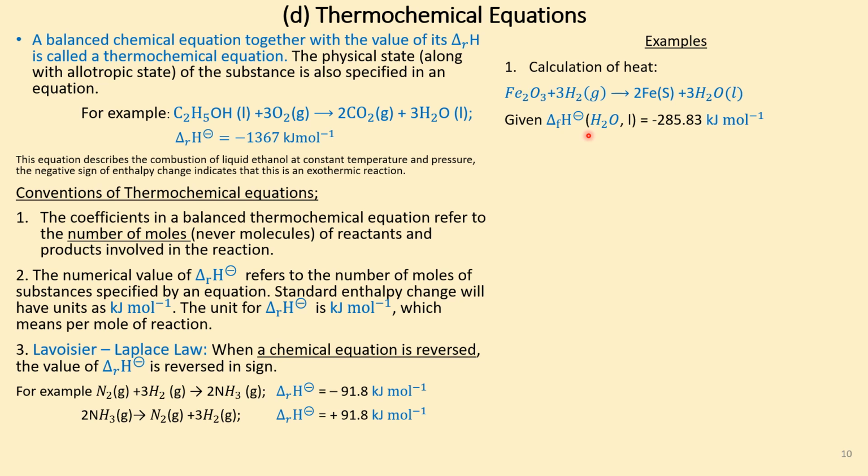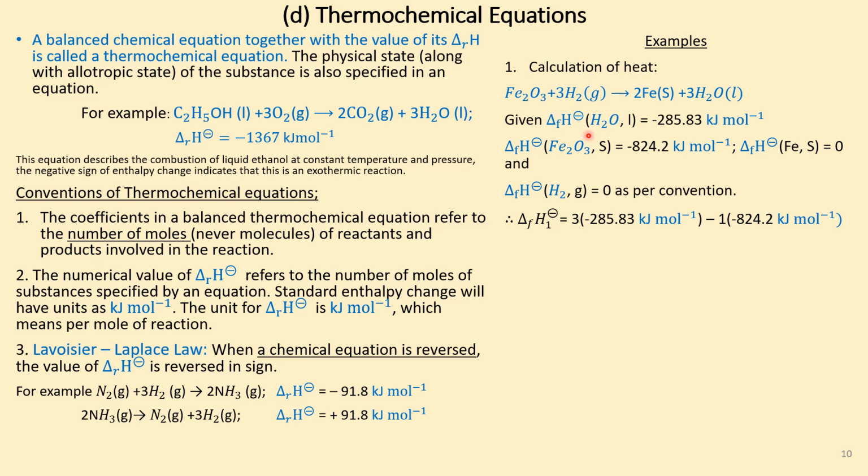Given delta fH° of H2O in liquid form equals minus 285.83 kilojoules per mole, and delta fH° of Fe2O3 in solid state equals minus 824.2 kilojoules per mole, and the delta fH° value of Fe is 0. Delta fH° of H2 gas equals 0 as per convention.